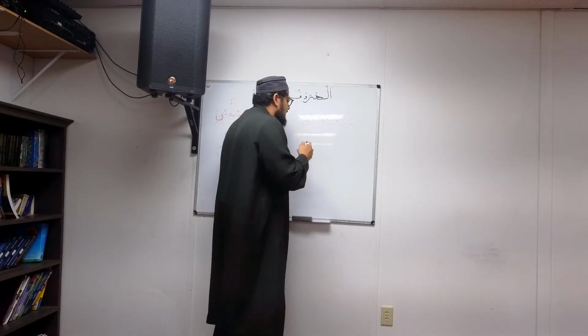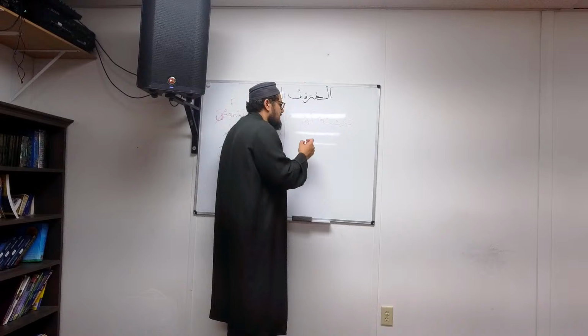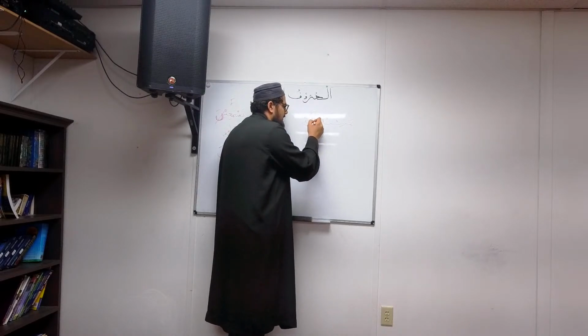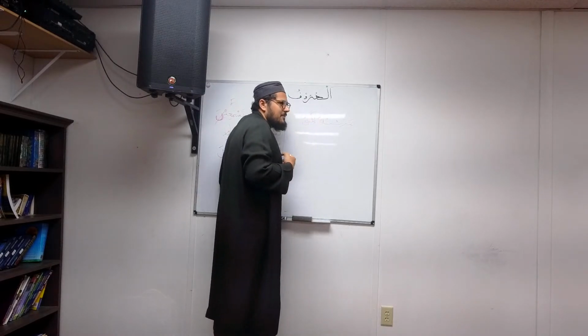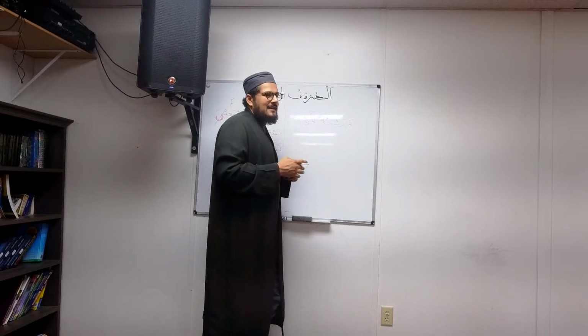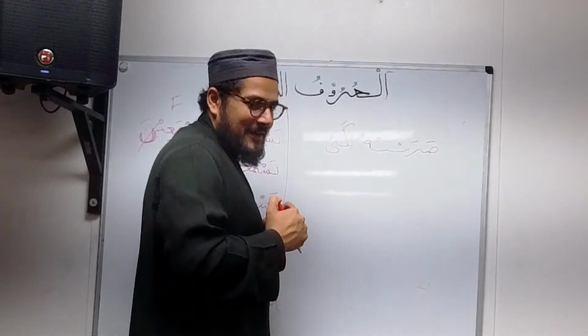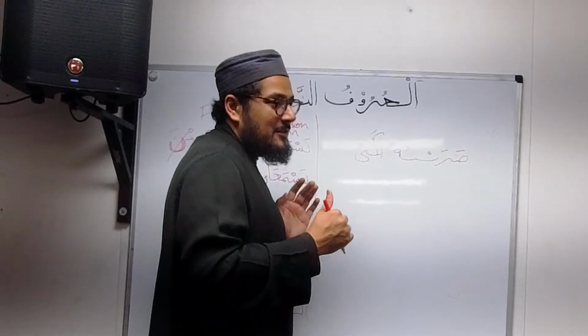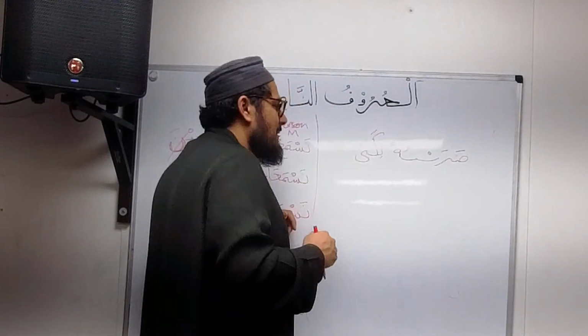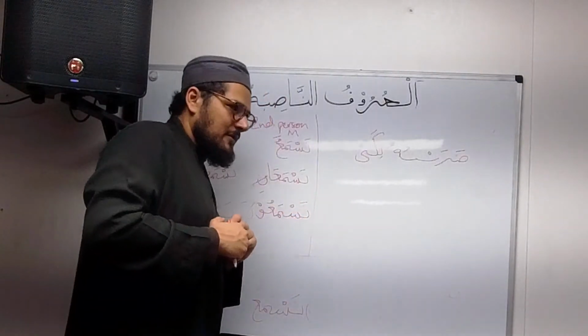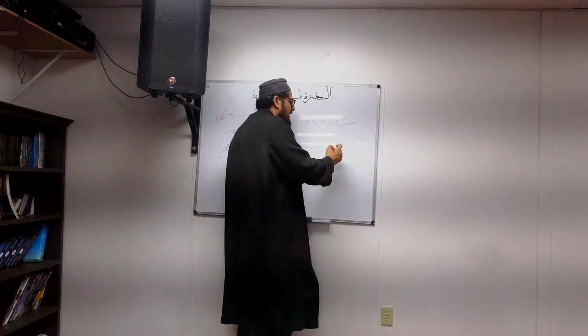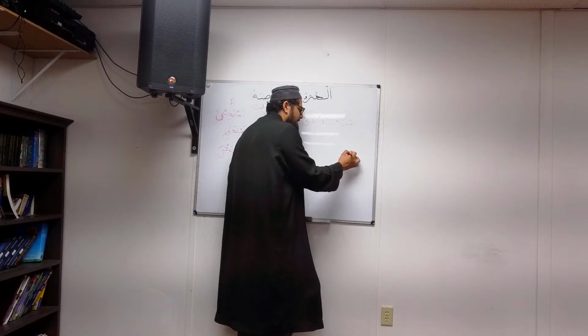I hit him. Very good. Kay, in order to, is usually used with li before it. So we'll usually see li-kay, like. Kay is the word that causes the nasab state, but it's usually used as li-kay.